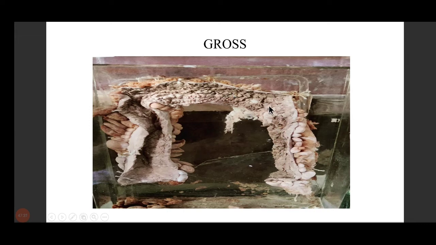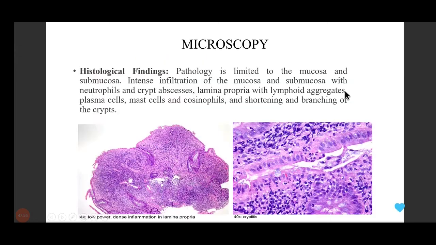There are small polypoidal projections which can be seen here, and there were ulcers also. You can see the specimen in the museum, and you all can appreciate these findings.